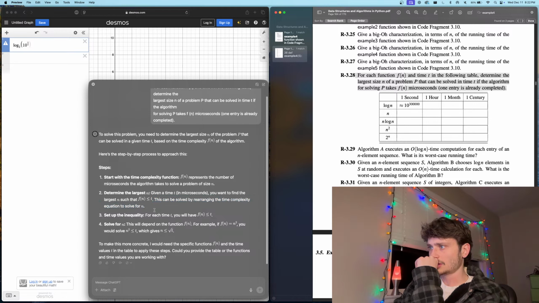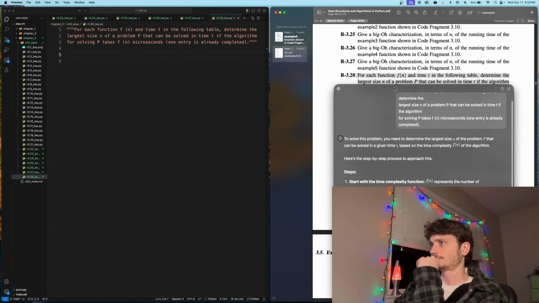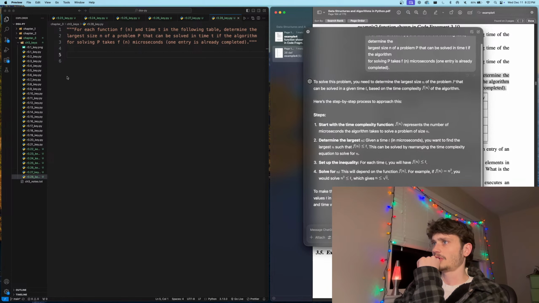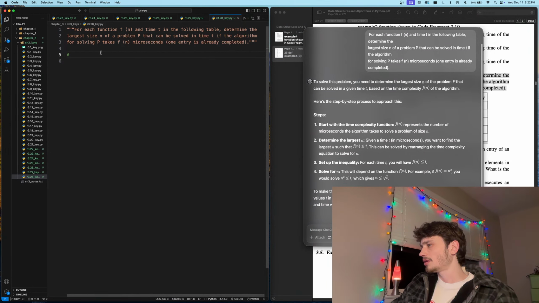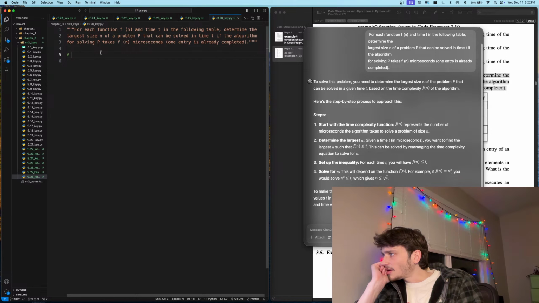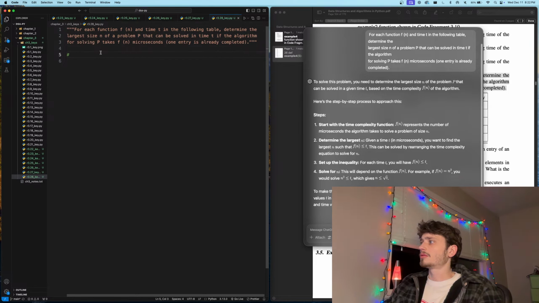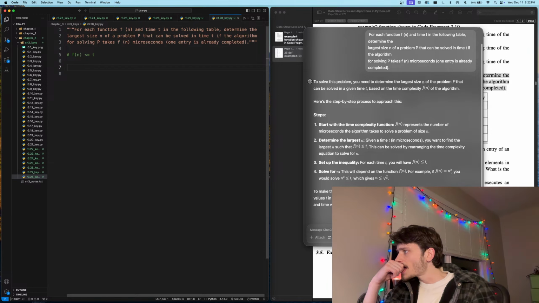Okay. So what they suggest we do is determine the largest n, so f of n is less than or equal to t, right? We solve for n. This will depend on the function f of n.